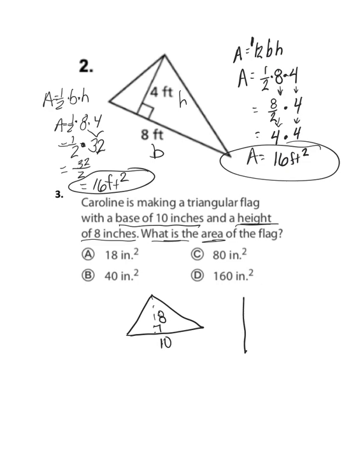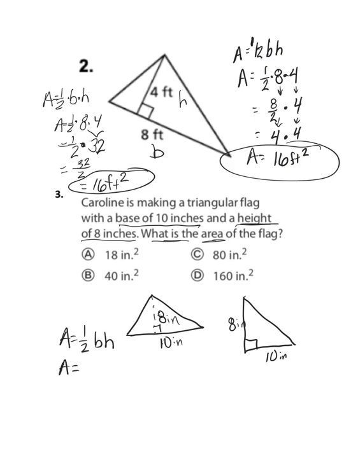You could also draw a triangle like this and have your height is 8, your base is 10. We're talking inches, so make sure you put your units in. And then use your equation. Area equals 1/2 base times height.